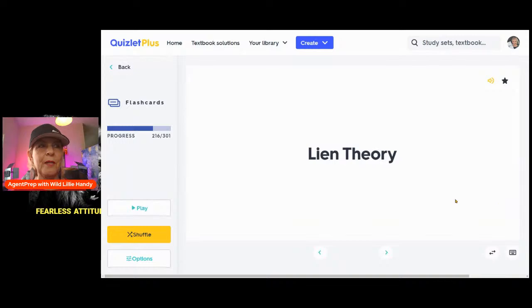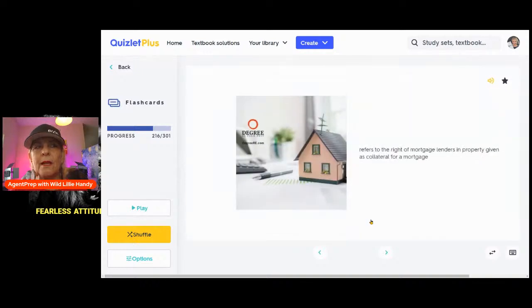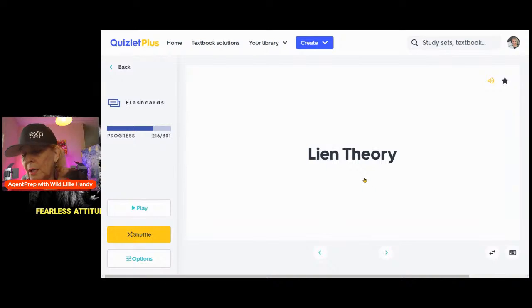And this was possible. Okay, a lien theory. What is a lien theory? It refers to the right of mortgage lenders in property given as collateral for a mortgage. Okay, so lenders will put a lien on the property, right? The borrower gives back a collateral to the lender.